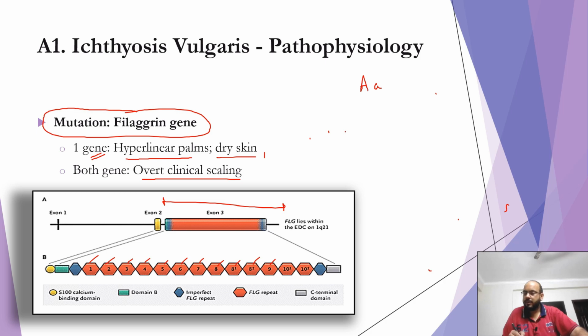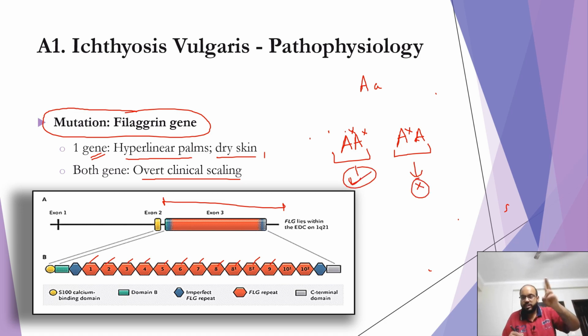For Ichthyosis vulgaris to occur, you need to have both of the genes mutated. Clear? Both genes have to be mutated because it's a dominant disorder. But if one gene is mutated and the other is not, in a normal autosomal dominant disorder, this will lead to a disease. If both genes are mutated, then you will have that disease, and you will have a severe disease.